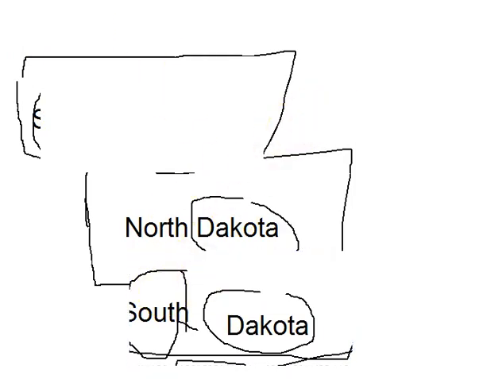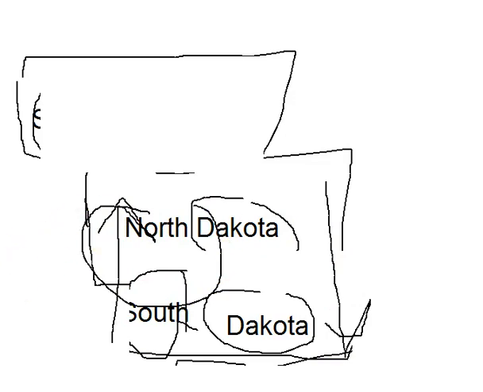Let me give you an arrow too, so you know exactly what's going on. South Dakota is located south of North Dakota, and it's called South Dakota. North Dakota is located north of South Dakota, and it's called North Dakota. Well, if you didn't know that, now you know.